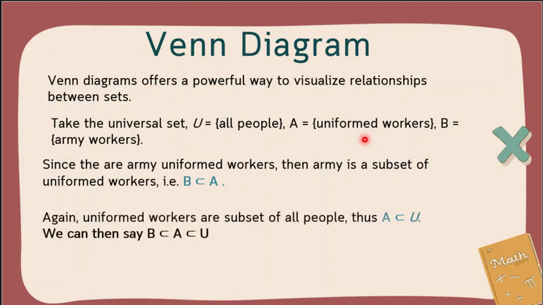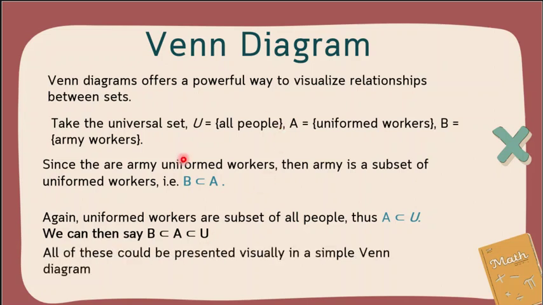The same way, we can say that uniformed workers form part of the universal set here. So we can represent that information as A is a subset of U. We see that B, which is army workers, is a subset of A, which is uniformed workers, and then A is also a subset of U, which is all workers.